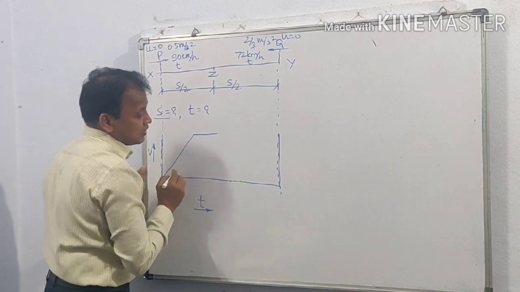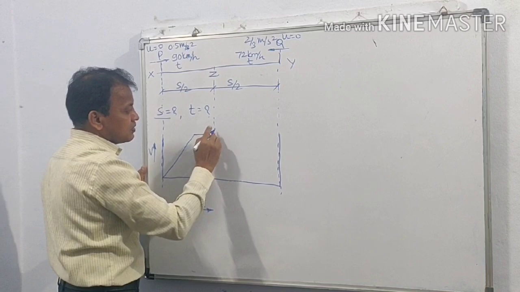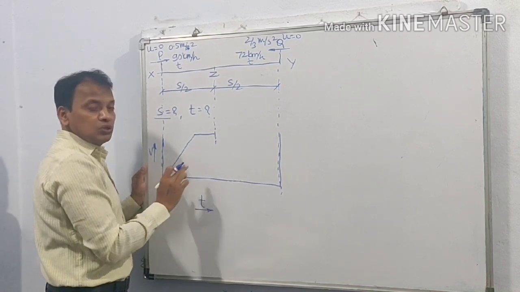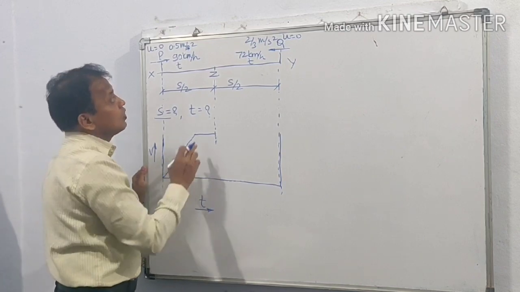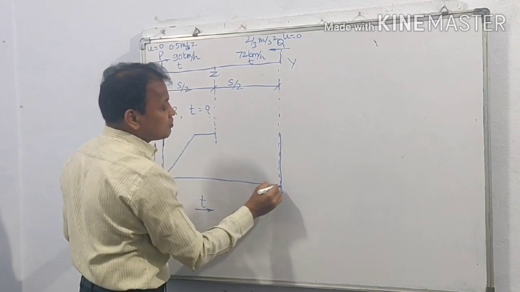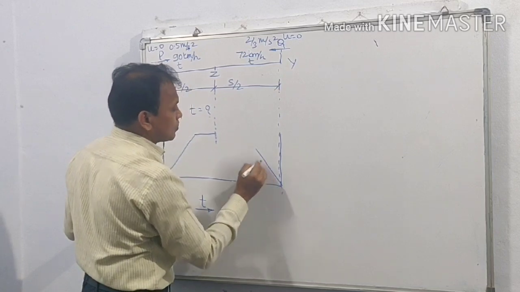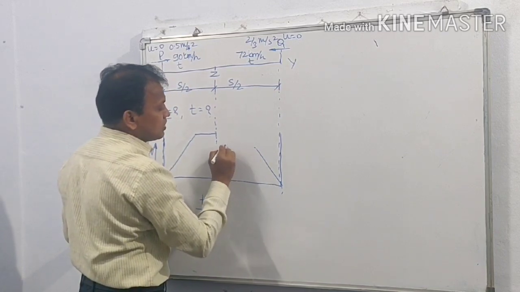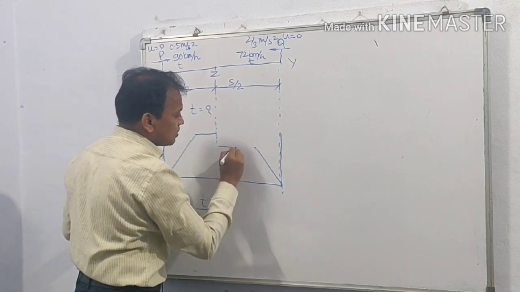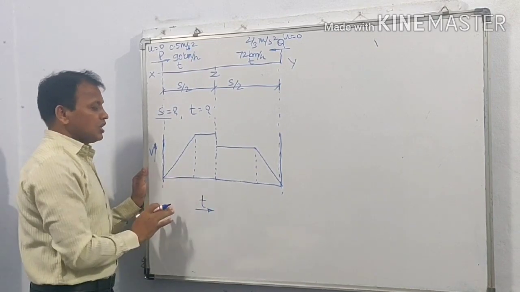After attaining this velocity, the velocity will remain constant. It runs with constant speed of 90 km per hour. Whereas train Q is starting from 0 and is accelerated to attain velocity of 72 km per hour, and this velocity is kept constant. So this is velocity time diagram.